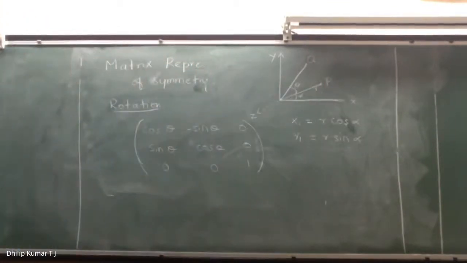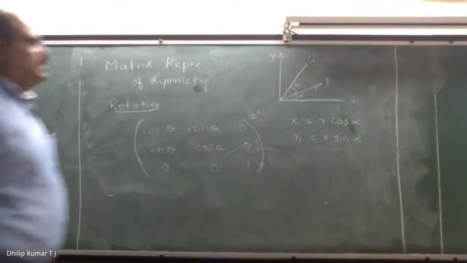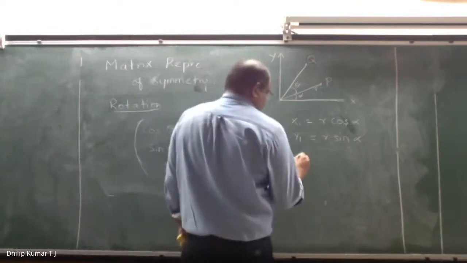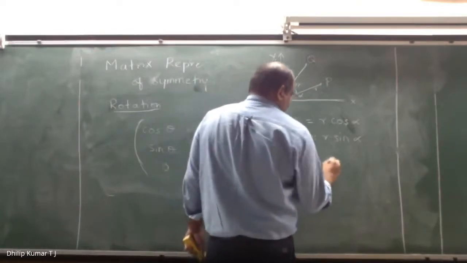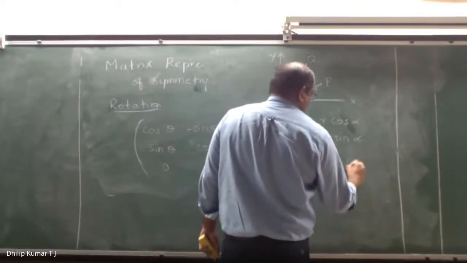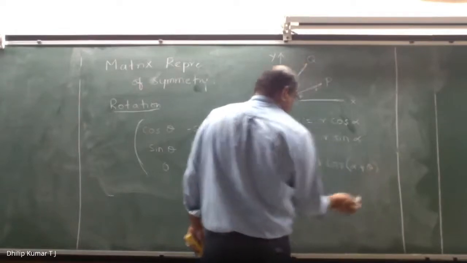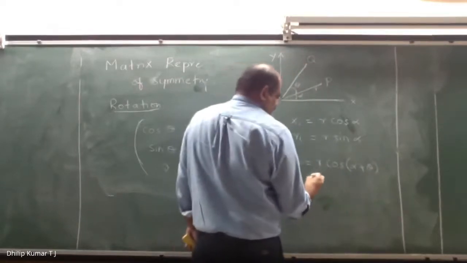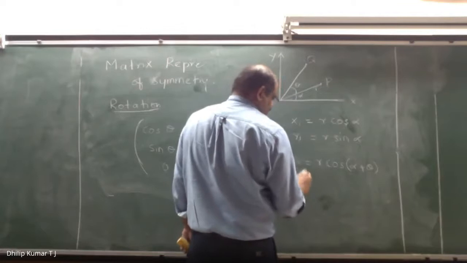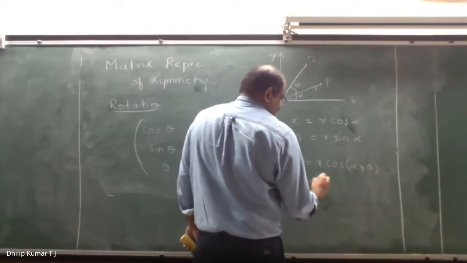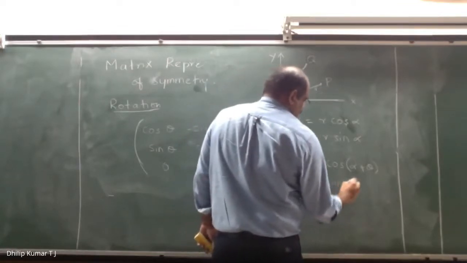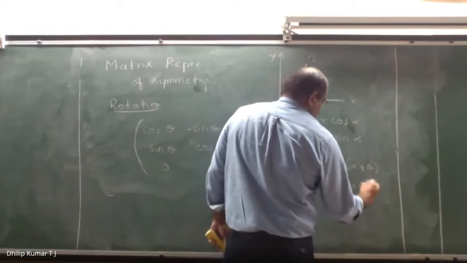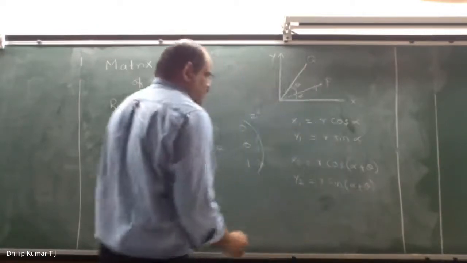So now the new x can be written as x2 equals R cos(alpha plus theta), and you can expand this. And y2 equals R sin(alpha plus theta).